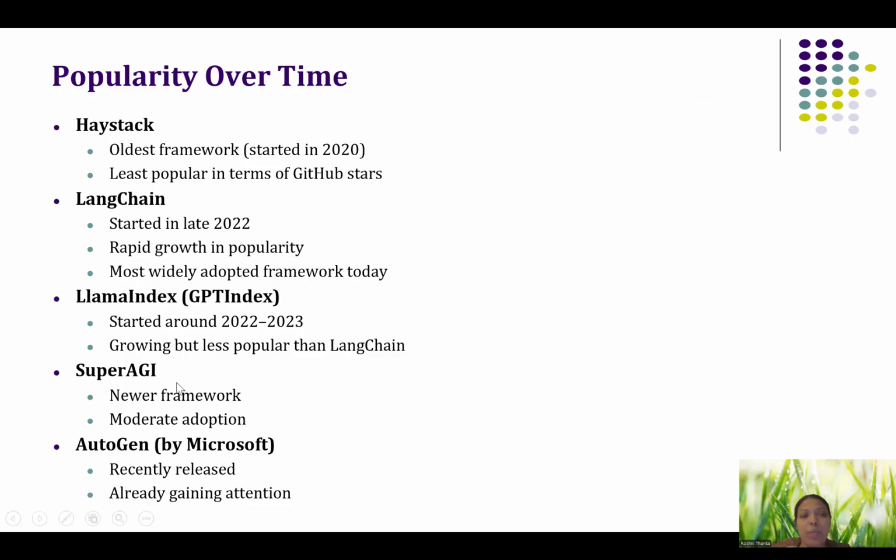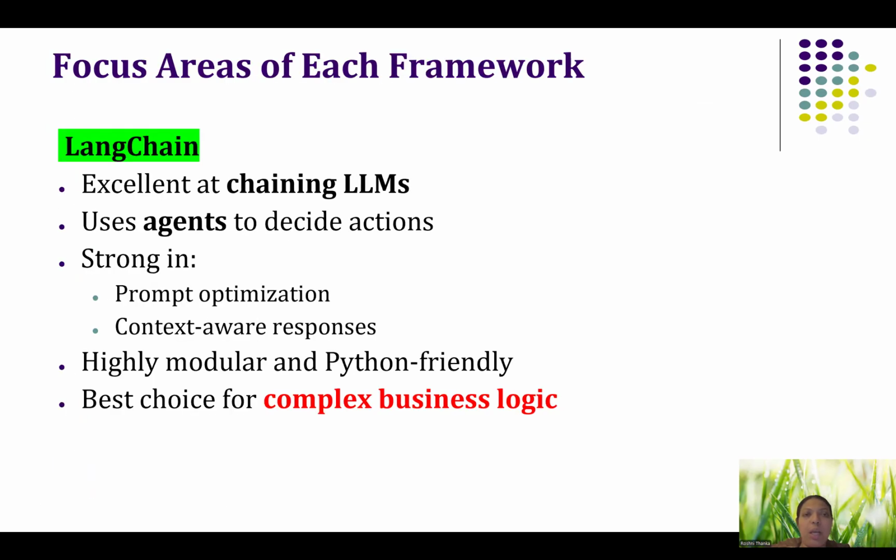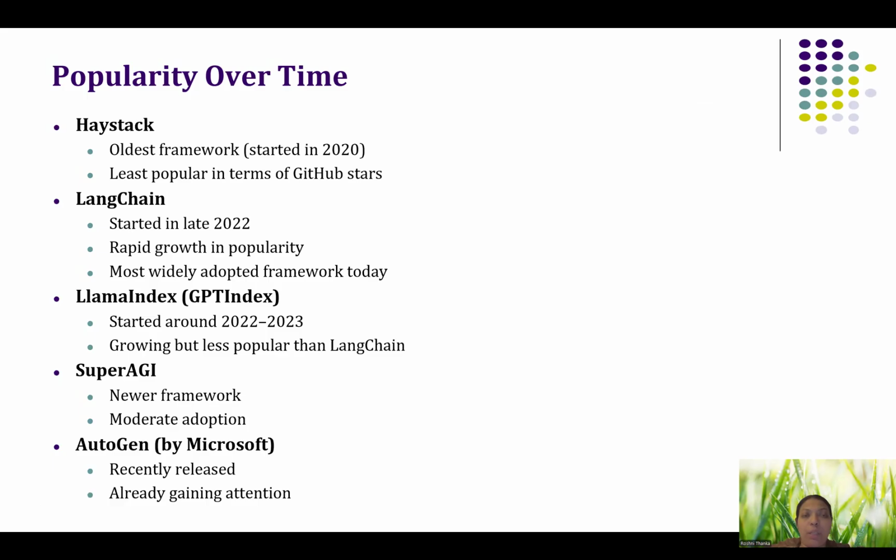Next framework is SuperAGI. It's a new framework and moderately adopted by users. Then AutoGen, released by Microsoft, is also nowadays coming up and being used by users. Now these are some of the other popular frameworks.